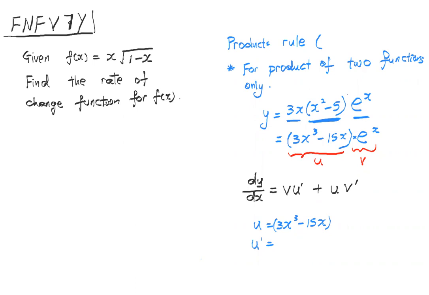So now, can you please find u prime? Yeah, multiply by the power, take away 1. That's why you must learn the simple rules first. If not, you cannot go to the product rule. So this is 9x squared minus 15. And I bracket this up.